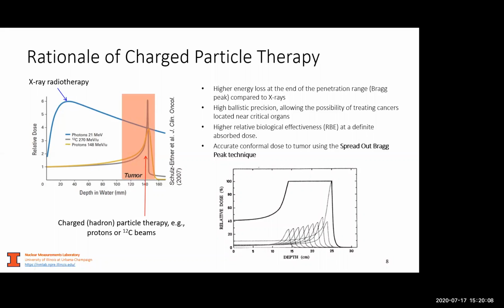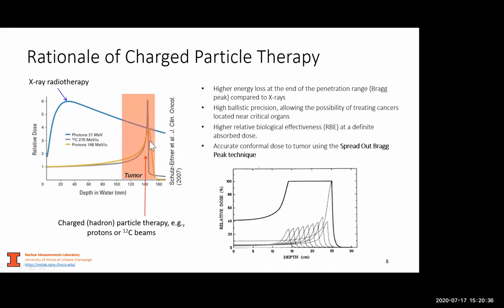The ionization density can also be quantified by the linear energy transfer, which is the energy deposited per unit path. The higher this linear energy transfer, the higher is the probability of having a double strand break of DNA chains. So if you remember that mitotic type of damage, that is going to be more likely at the Bragg peak.